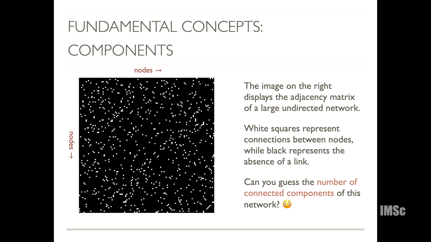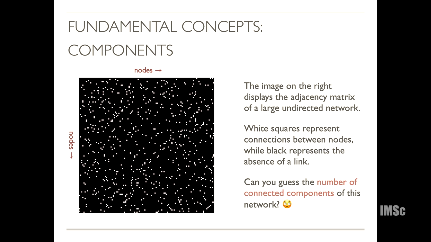So what I've shown over here is a fairly large network. The adjacency matrix, right? I've shown it in a slightly different form compared to what I was showing you earlier. Now, rather than write down numbers, because the network is too large to just show numbers, I have represented the network in terms of colors. So the white squares represent the existence of a link between a pair of nodes.